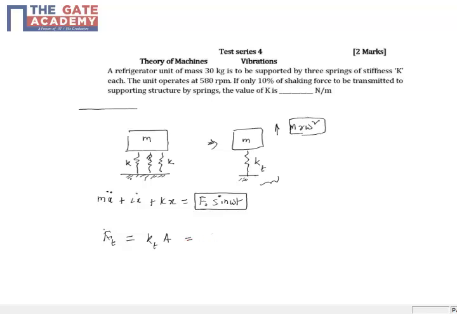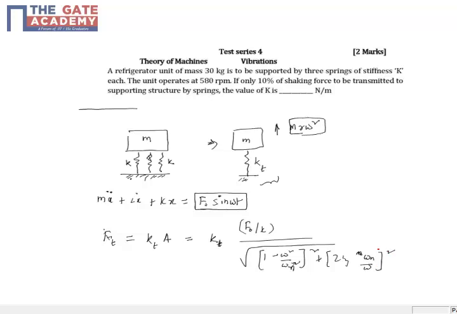We know the expression of the maximum amplitude when you have a forced vibration: it is F naught by k, over the square root of 1 minus omega square by omega n square, whole square, plus 2 xi omega by omega n, whole square.